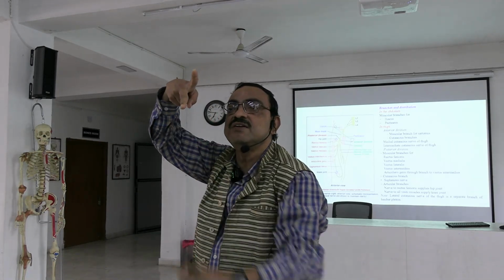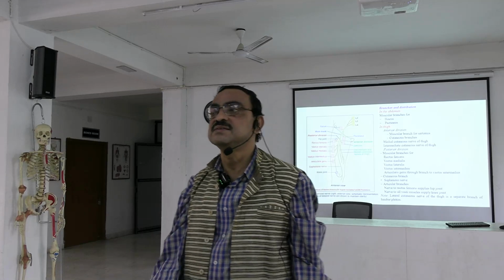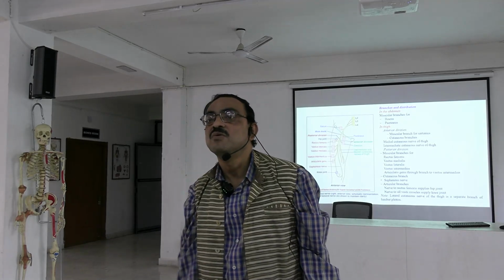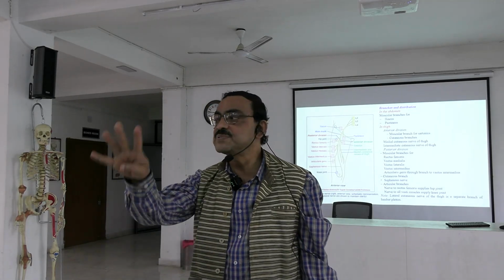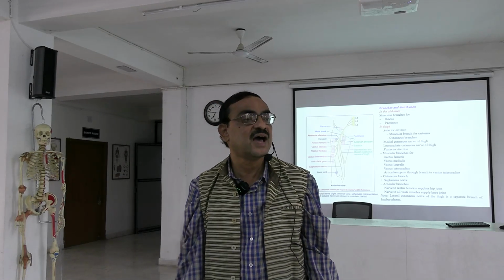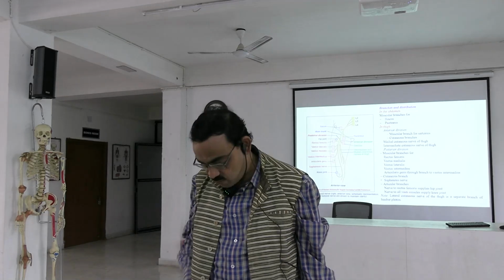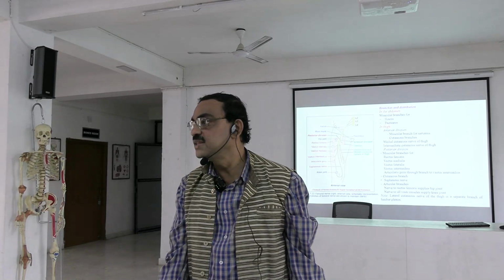Whereas the posterior division gives 4 muscles. What are those 4 muscles? They are the quadriceps muscles. Quadriceps means 4 muscles in the anterior aspect of the thigh. They are vastus medialis, vastus intermedius, vastus lateralis, and one muscle going straight, called rectus femoris.